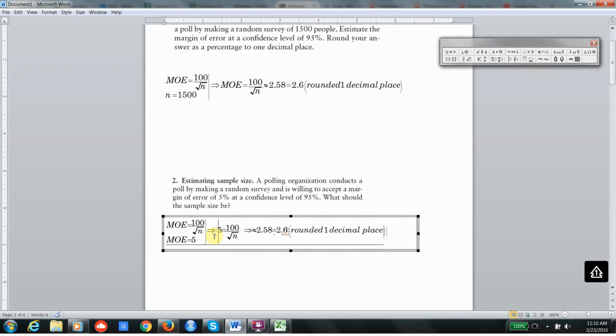If I solve for n, I get the square root of n is equal to 100 divided by 5, which is 20. Now I can just square both sides of the equation, and I get n is equal to a sample size of 400.